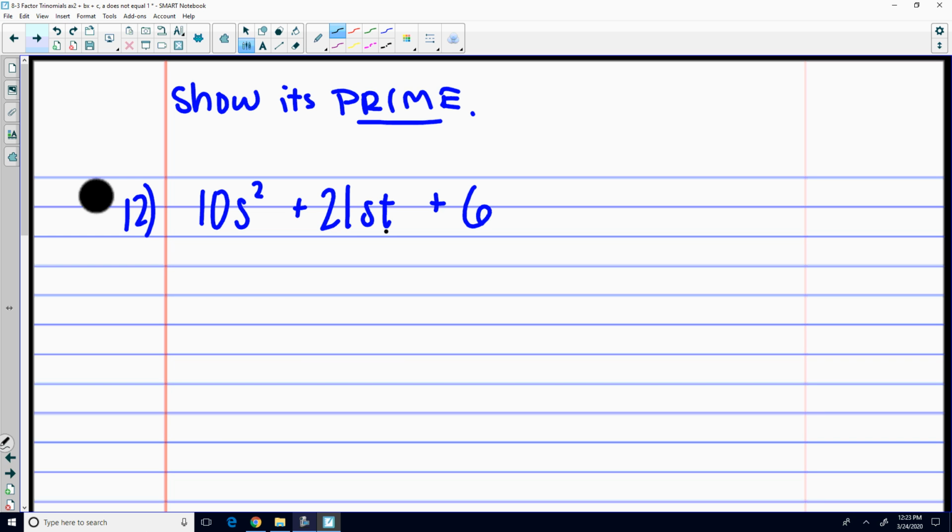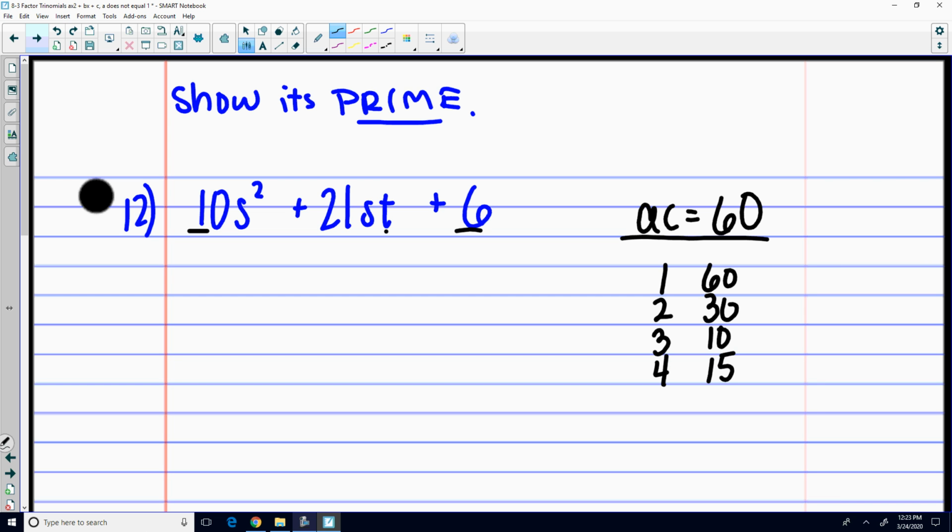Let's write the factors of AC. So 10 times 6 is 60. So yeah, there's a lot of them here. So ready for them all? 1 and 60, 2 and 30, 3 and 20, 4 and 15, 5 and 12, and 6 and 10.